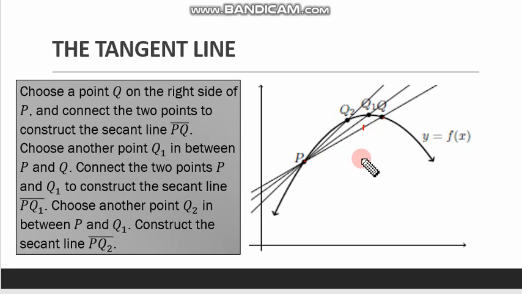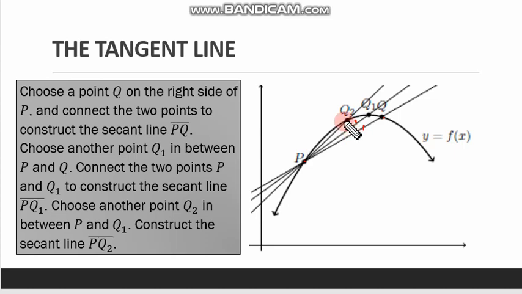Now we also choose another point, and we will label it as point Q sub 1 in between the point P and point Q. We will connect this one once again, and we will establish another second line, which is line PQ sub 1.